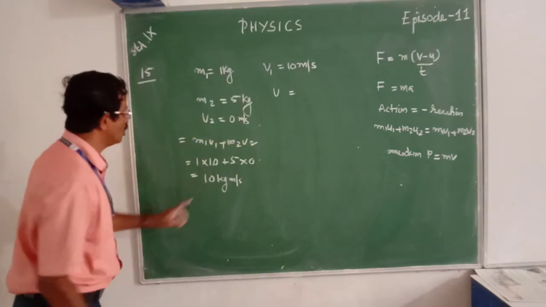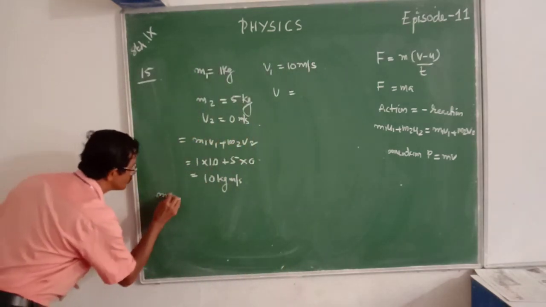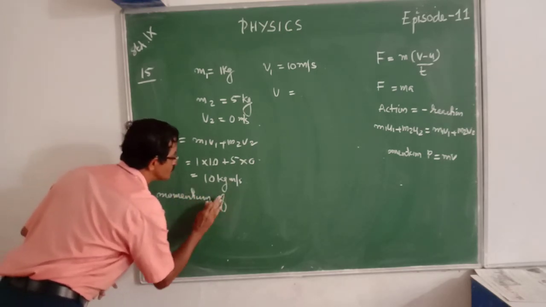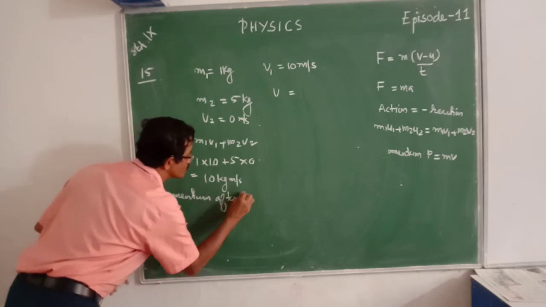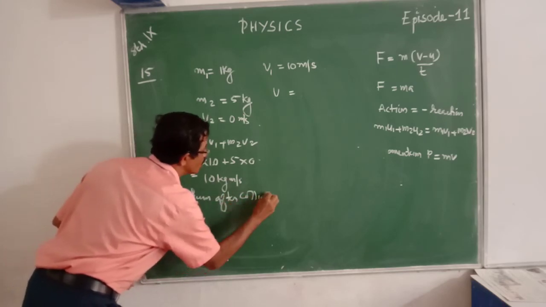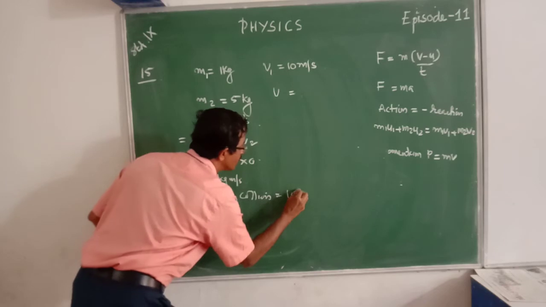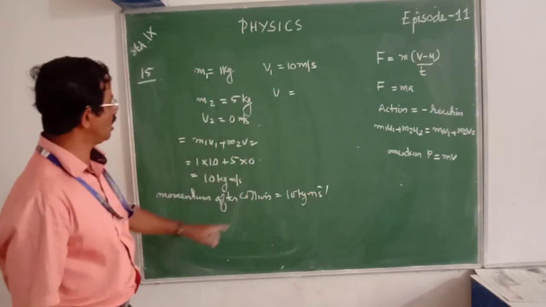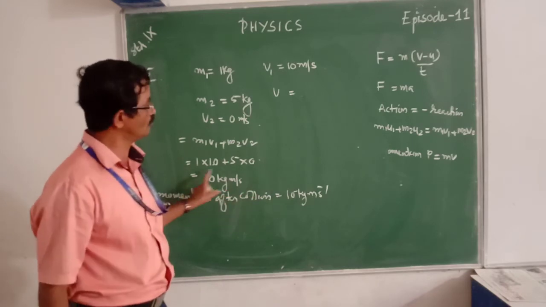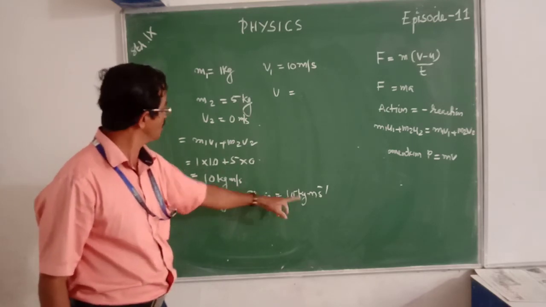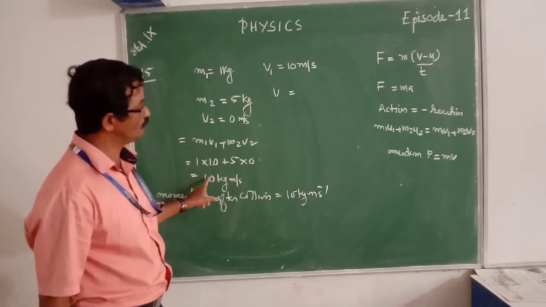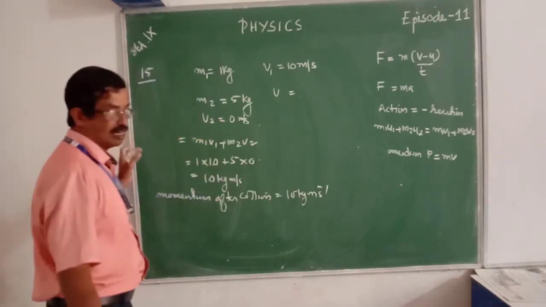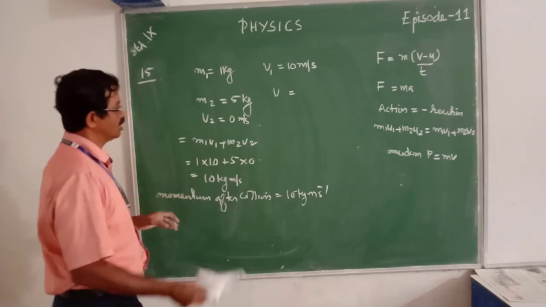So momentum after collision is equal to 10 kilogram meter per second itself, because momentum before collision and momentum after collision remain the same. Now what do we want to find more? We want to find the velocity of the combined object.